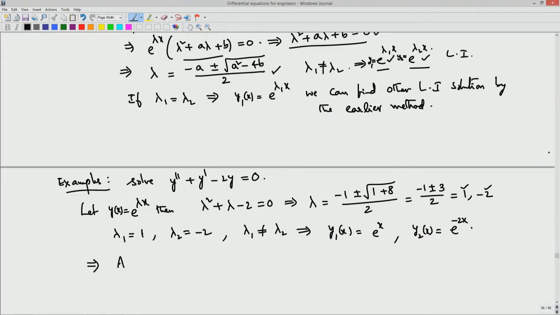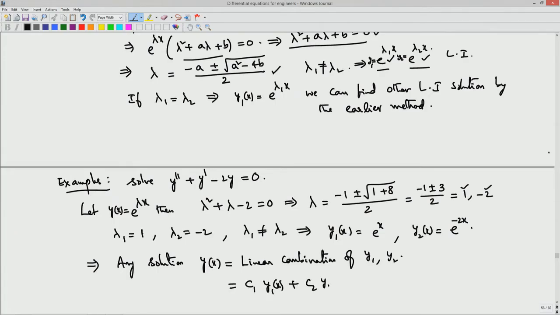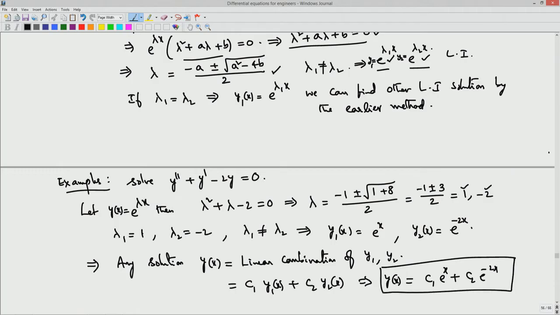That implies any solution y of x should be a linear combination of y1 and y2. So this is c1 times y1 of x plus c2 times y2 of x. So y of x equals c1 e power x plus c2 e power minus 2x. This is your solution. Any solution will be in this form.